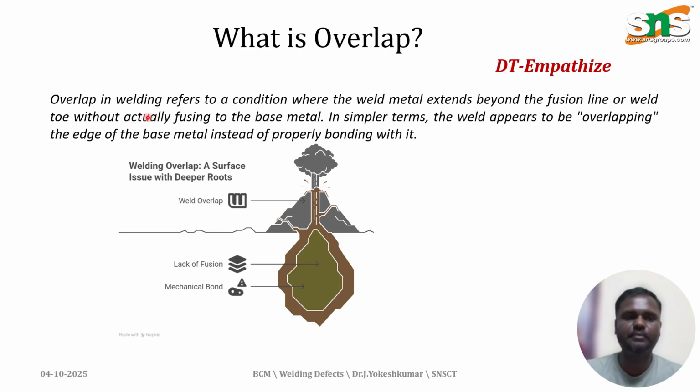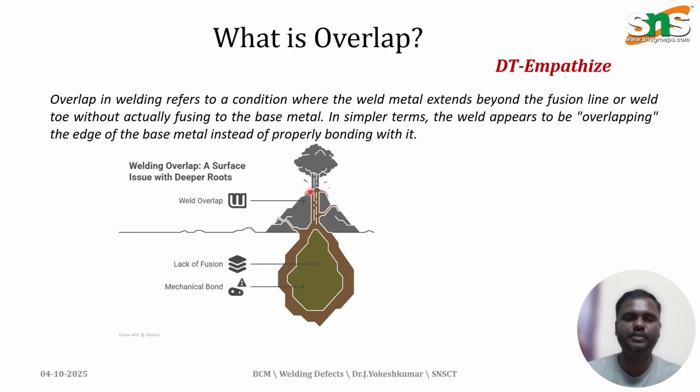So what is overlap? Overlap in welding defects refers to the condition where the metal extends beyond the fusion line. Here you can see it is a surface defect which occurs on the surface. This is an example of a volcano. At the bottom we have a pressurized volcano. Whenever there is a chance to open, it tends to exit and overflows around the surroundings.